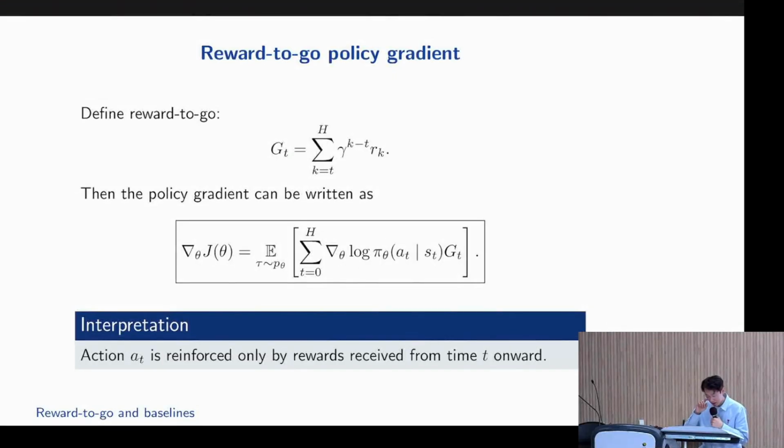So here comes another definition, the reward-to-go policy gradient. Reward to go is, starting from time step t, the sum of discounted future rewards.